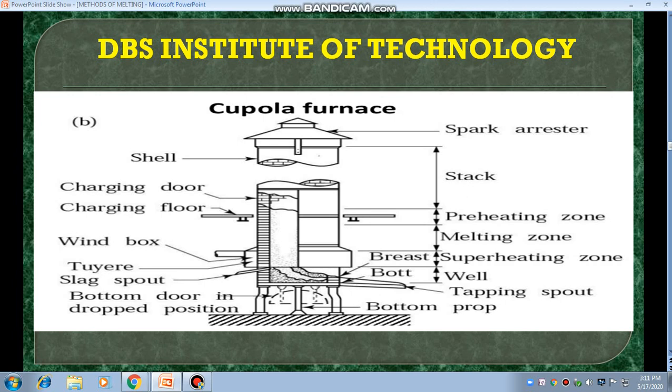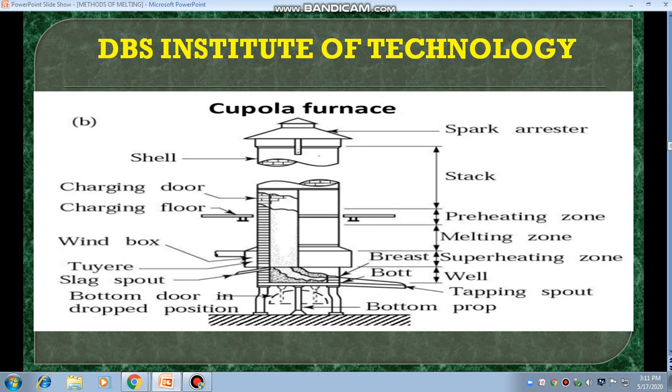This is the cupola furnace. Now you can see the different parts of the cupola furnace. On the left side we can see there is a shell. The shell is the outside part of the cupola.